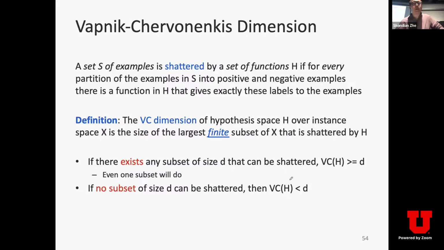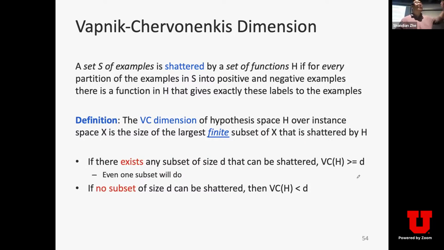So you can imagine that if you want to mechanically compute the VC dimension, you just search over the subsets of the instance space. If you can find just one subset, say of size 1, that can be shattered by my hypothesis space, then I can claim that my VC dimension is at least 1.